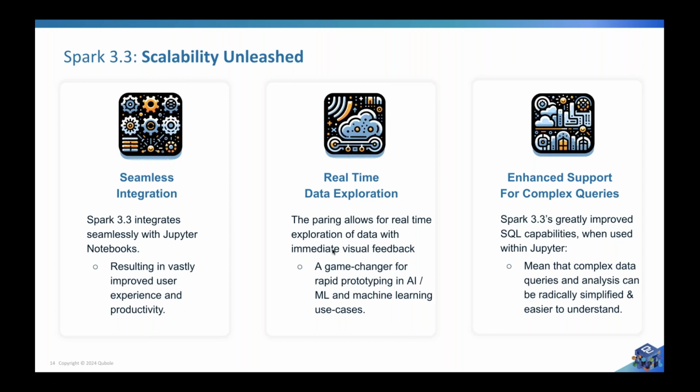Real-time data exploration in Spark 3.3 is connected to your big data ecosystem. When it is connected via Jupyter, you can do all of these AI and machine learning use cases. On top of that, you can have a lot of visual feedback in terms of ad hoc queries, running your dashboards, and you can quickly see more from a visual aspect, like creating your charts, reports, and other things. And we spoke about complex queries; you can run all those complex queries on your Jupyter notebooks. Notebooks will make sure that you can do things much faster and more productively.